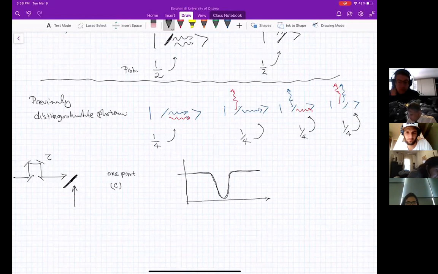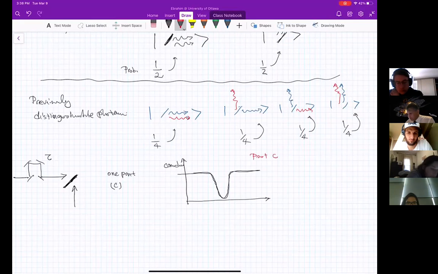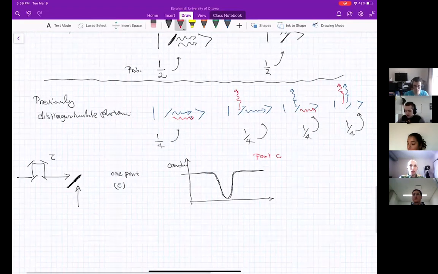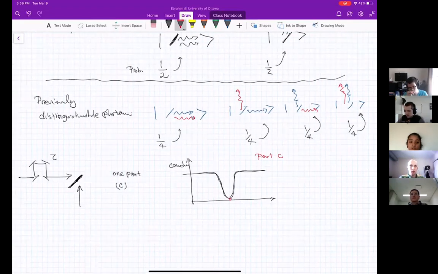Okay, I mean, that's the coincidences. And now I'm looking at port C only. So again, let's go with someone who wants to be a volunteer or voluntold. Thomas. Sorry, Thomas. Okay. No worries. So at the Hong-Ou-Mandel dip, let's say here, at port C, what do we have?